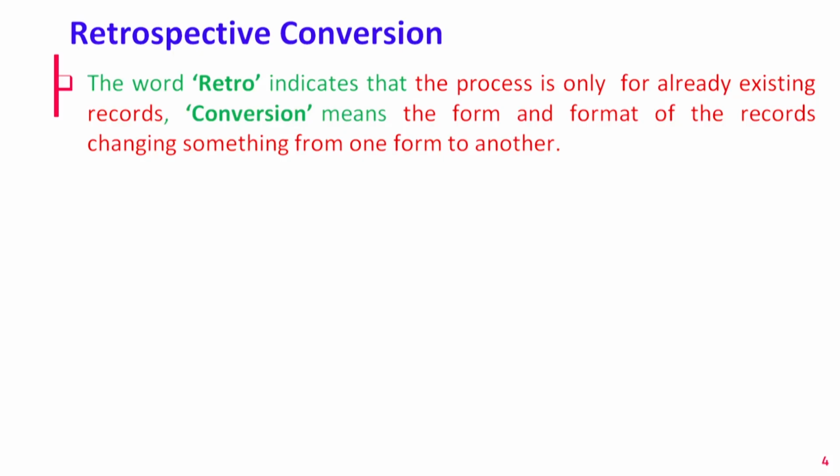So when we talk about retrospective conversion, there are two words, one is retrospective, that means retro, and then there is conversion. The meaning of retro is that the process is only for already existing records. Conversion means the form and format of the records changing from one form to another.